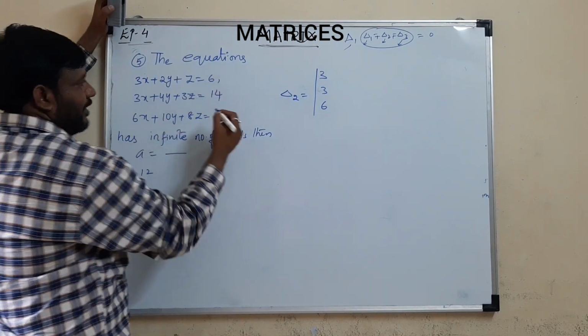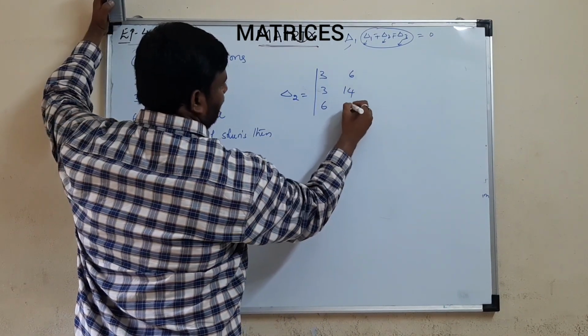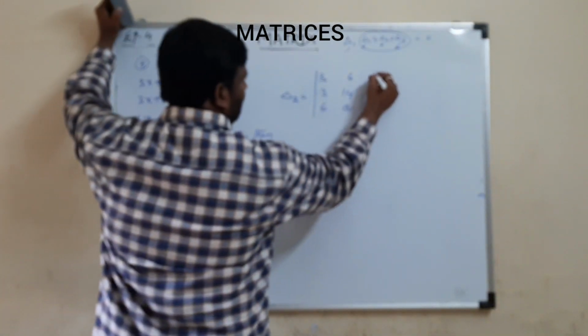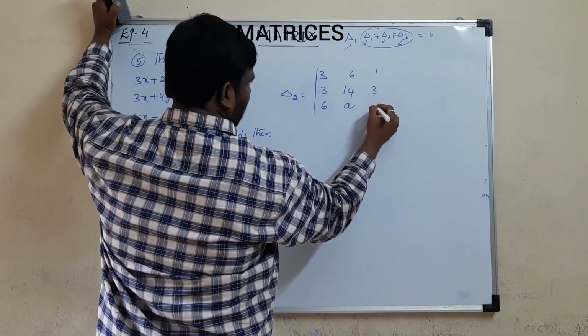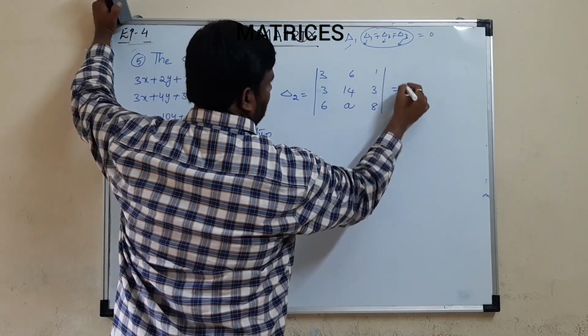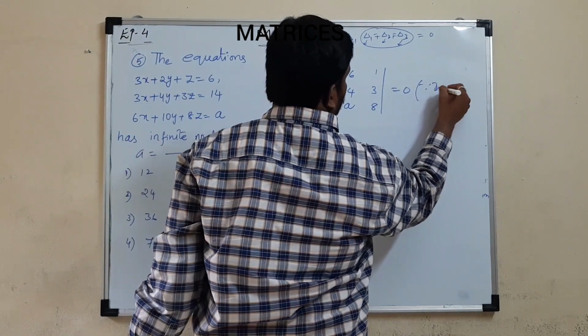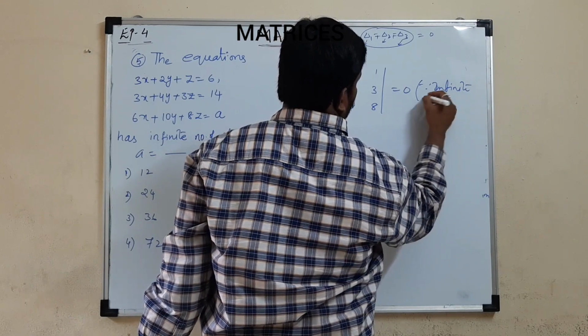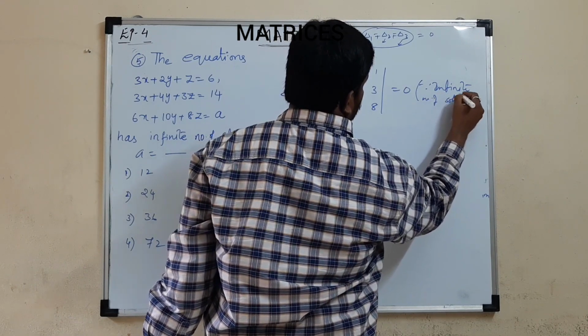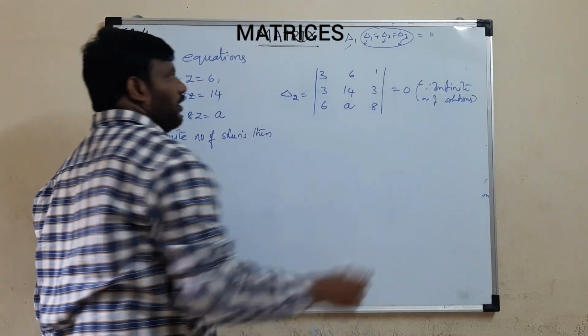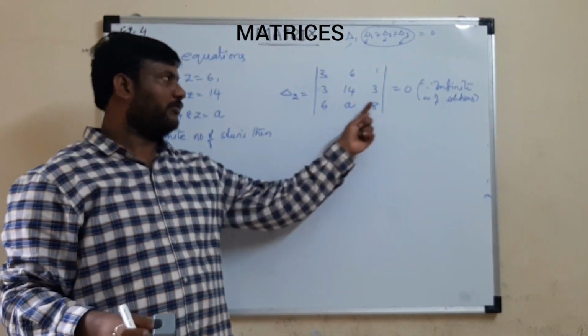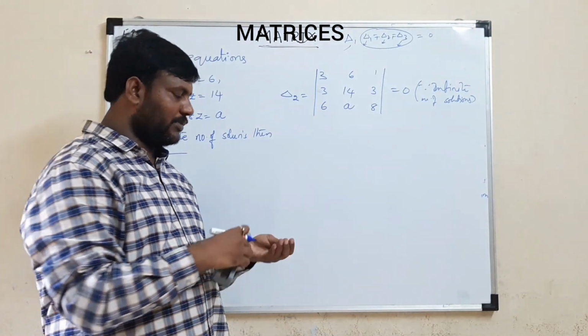In the second column place I replace with 6, 14, 8, and the third will be 1, 3, 8. Since it is infinite number of solutions, definitely all those determinants, replacing column 1, column 2, column 3, should be equal to 0. Keep this in mind.